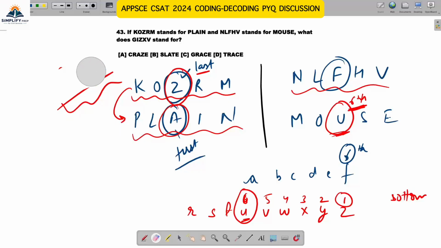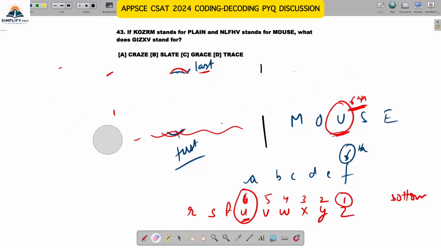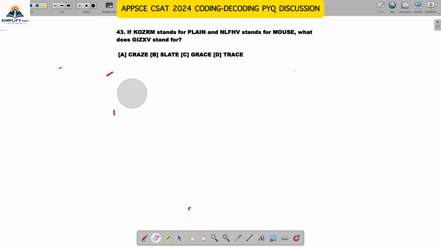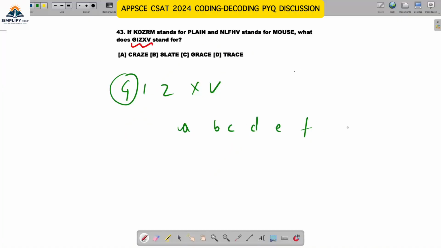So how will we write the code for the given GIZXV? We have to find this. Now we know that there is a reverse position of letters, and I know G is at which position, I can check it.